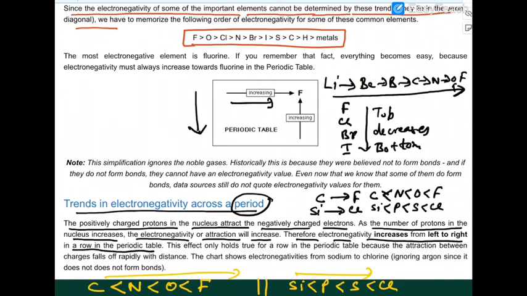Now, coming back to the fundamental question, electronegativity is the ability to attract a shared pair of electrons towards itself. So if the element has more effective nuclear charge, it has more ability to attract the electron pair towards itself.